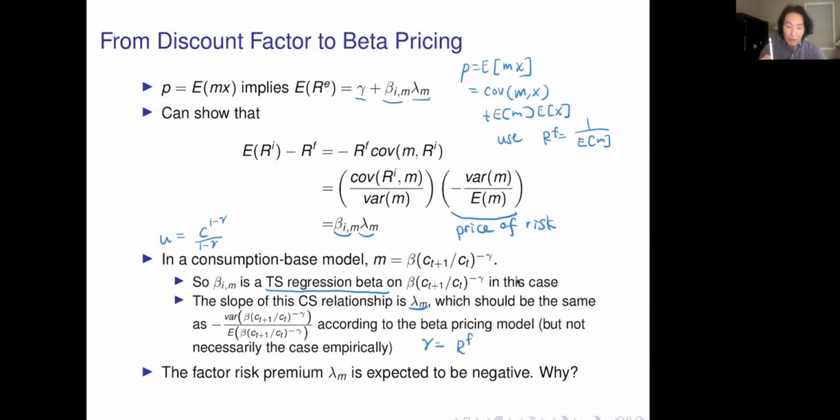Now, in this particular case, where the factor is just a stochastic discount factor, in other words, in this case where we use m as the factor, or we use the regression coefficient on m as beta, in this case, lambda is expected to be negative. Why? First of all, we see that from this expression.